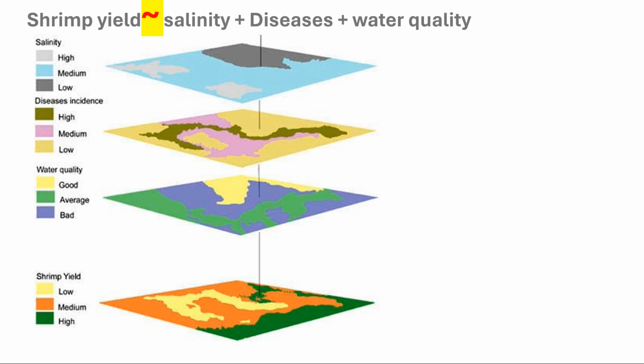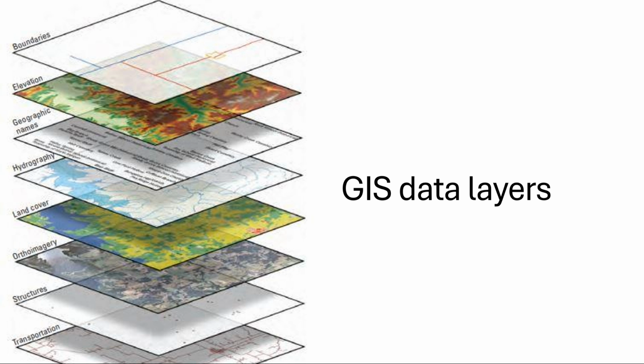Those are areas in the farm that are producing high shrimp yield, and these areas are characterized by bad water quality, but low disease incidence and medium salinity. So now we understand that higher shrimp yield comes from water with bad to average quality, with low disease incidence and medium salinity. This is how the GIS data sets look like, and let's examine it more.